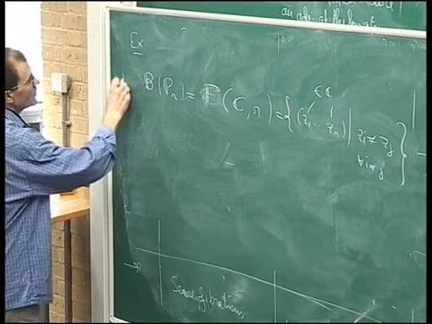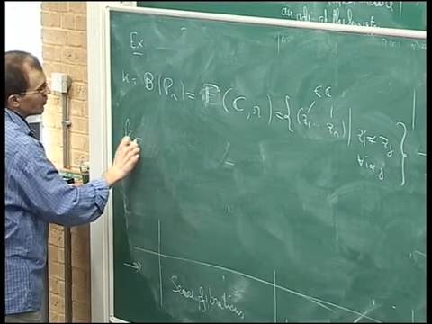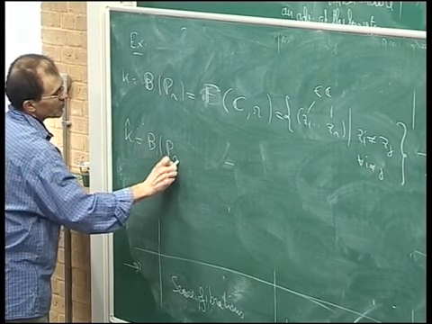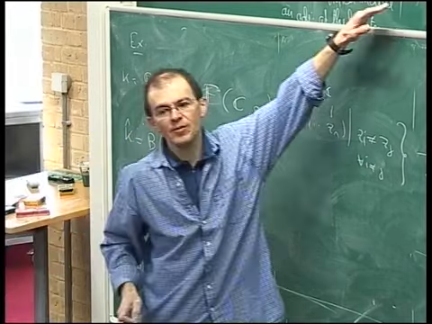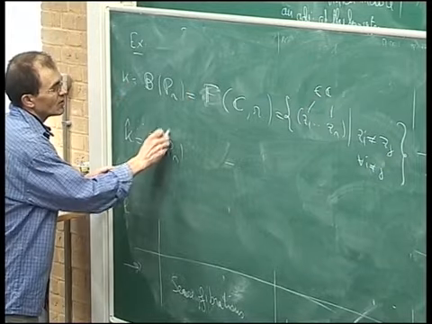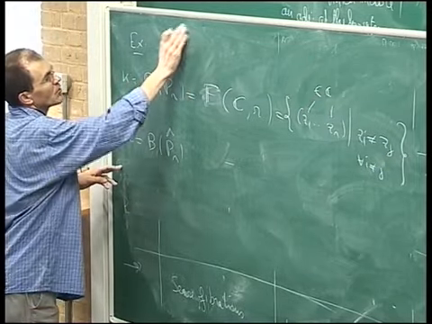I claim that in this case, as a consequence of this statement, you just retrieve the classifying space of a Maltsev completion. So this is the pure braid group.